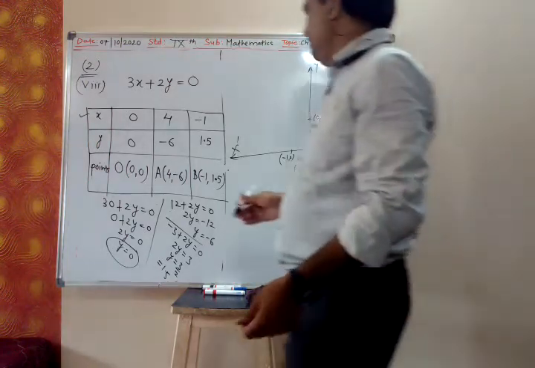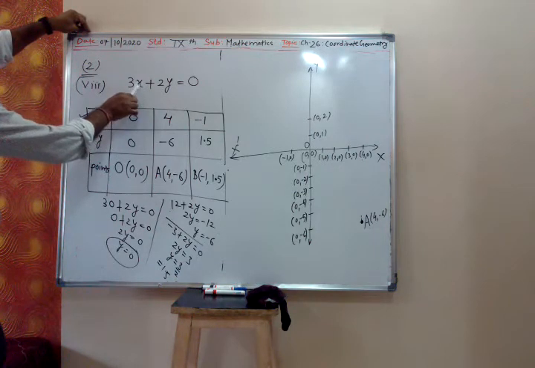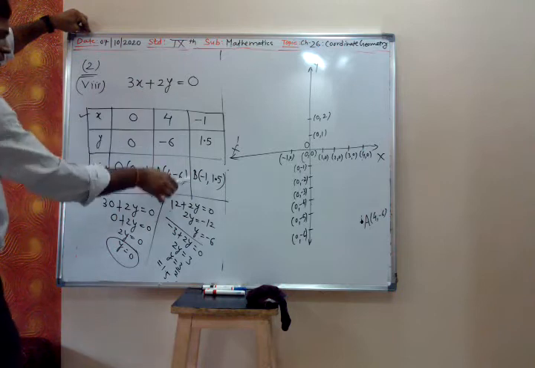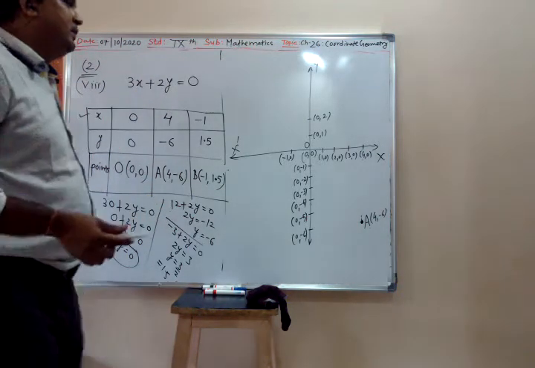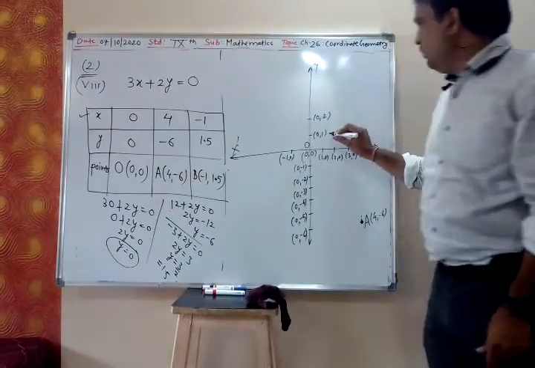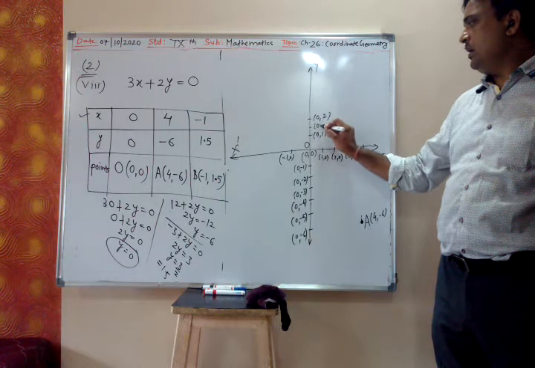When you put x is equal to minus 4 in this, 4 into 3 is 12, 12 plus 2y is 0. So between 1 and 2, we have 1.5. So 0 comma 1.5.